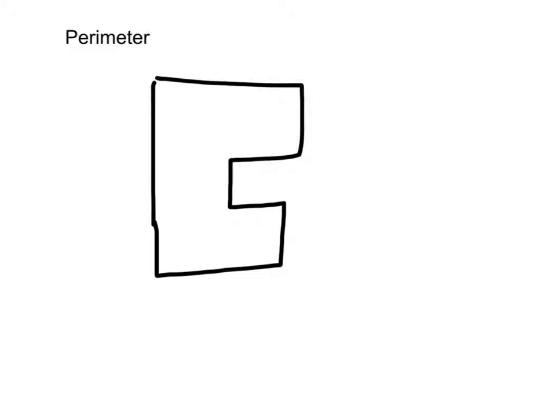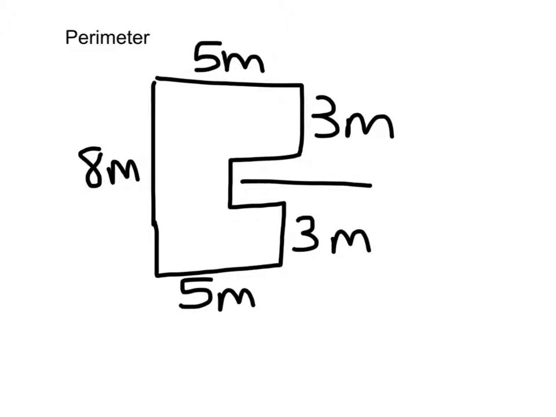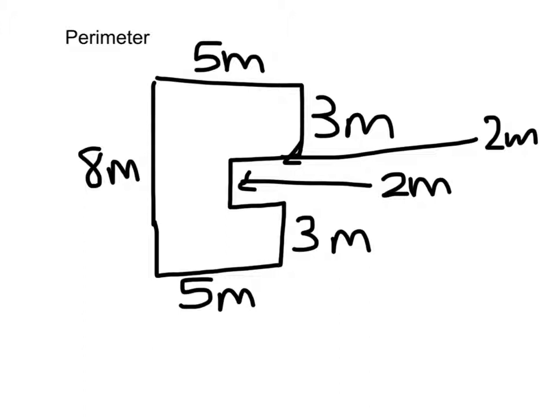So say for this one, this side's 5 meters, this one's 5 meters, this one's 8 meters, this is 3 meters, this is 3 meters, this one here is 2 meters, and this one here is 2 meters, and so is that one there.